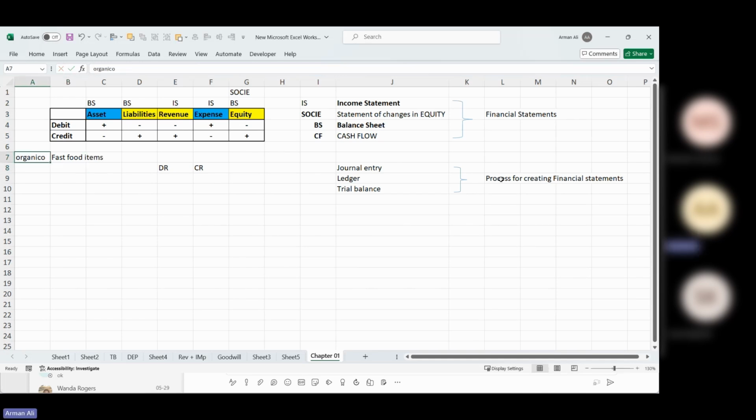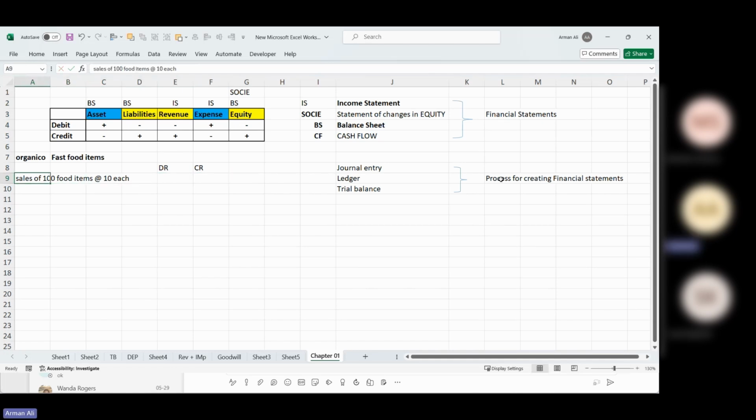That's our business. Okay, this is just for example purposes. So one entry could be we made a sale of 100 food items at the rate of 10 each. Let's keep it simple.